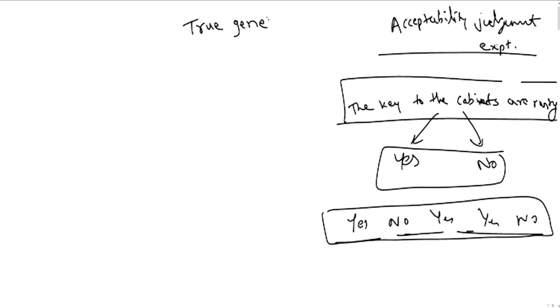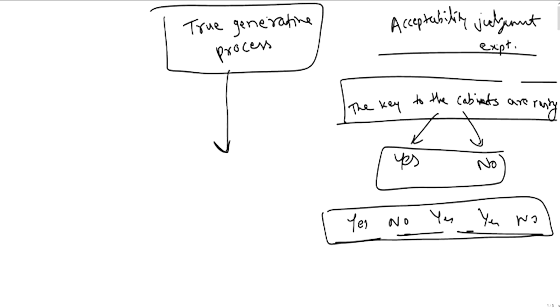So what is the true generative process in the human mind? In this case, it would be the true cognitive process in the human mind, which is producing the observations that you are seeing in this experiment. Okay, so our goal is to infer the properties of this true generative process just by looking at this data. Right? But how do we do this?